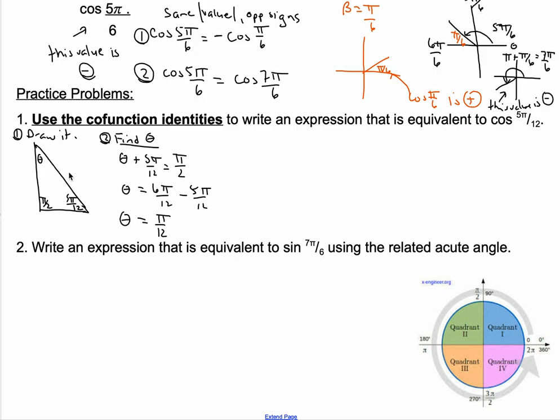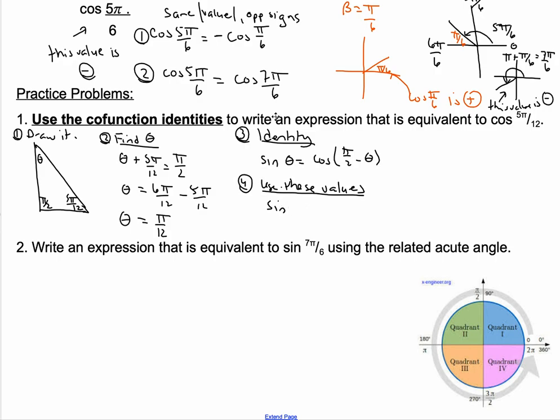Now I know this to be true. So pick an identity and no one panic. These are not like hardcore trig identities here. I know that the sine of theta is equivalent to the cos of pi over 2 minus theta. So using the numbers from the question, use these values.